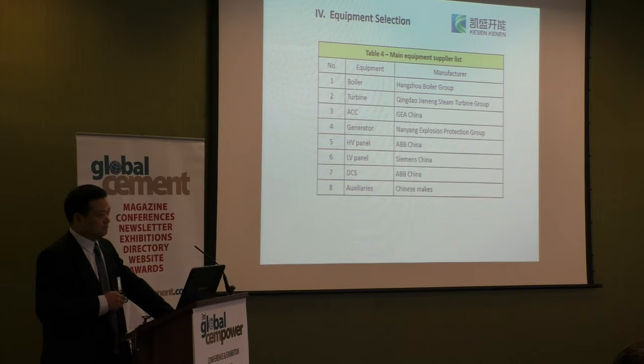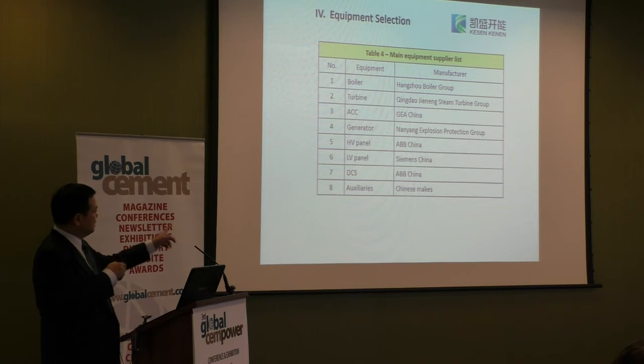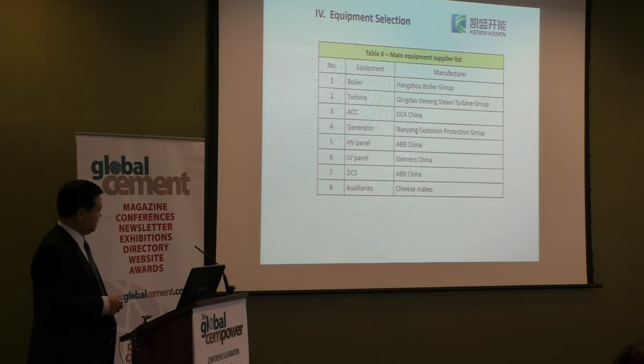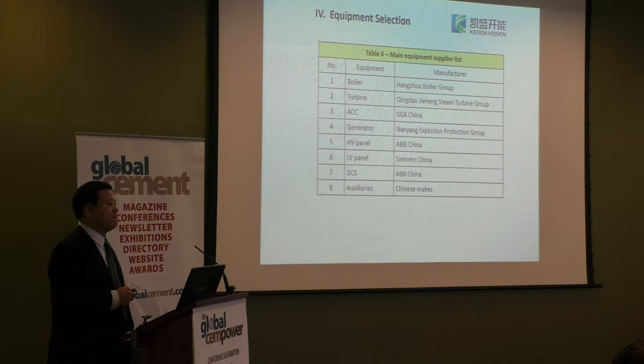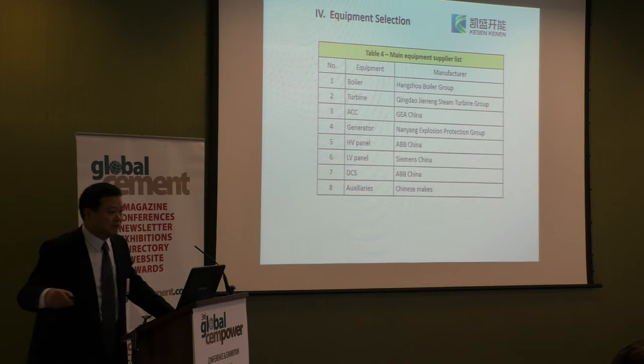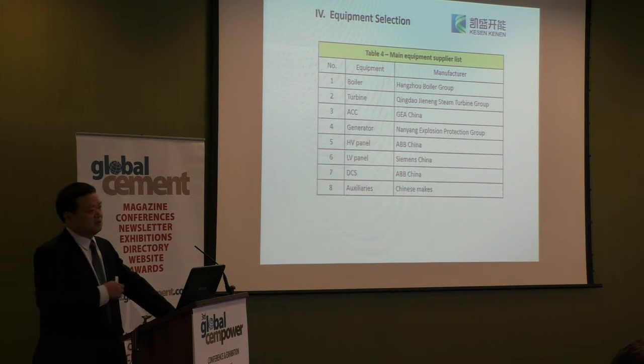Usually 800xA is used in a big power plant, but this particular customer asked for this. The other auxiliaries use Chinese specifications.